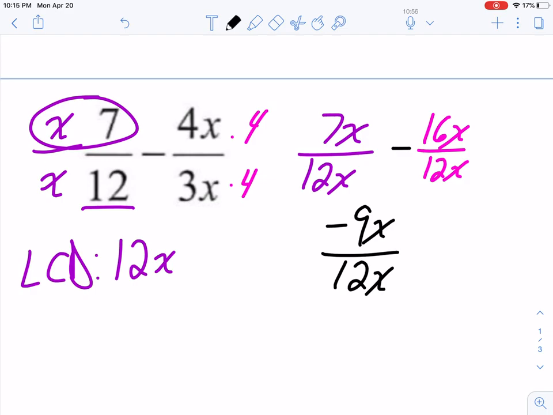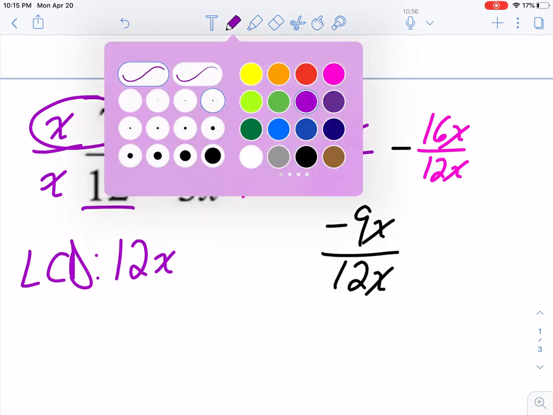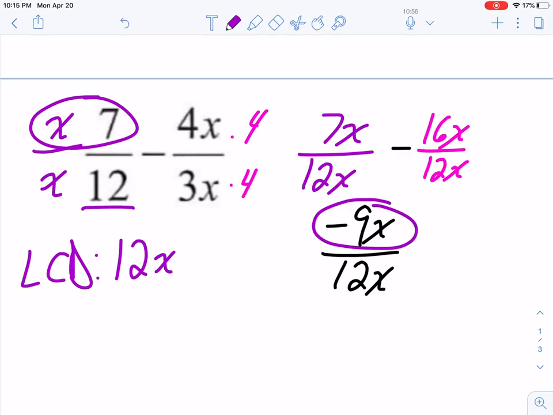And then kids ask, when can I simplify? Remember when we went back to factoring and we talked about 2 terms, 3 terms, 4 terms, and 5 terms, we said the plus and minus signs break up how many terms we have. And to be able to simplify, you have to have that number in common in every term in the problem. So when I look at this one, I've got negative 9x up top, that's one term, and 12x, that's one term, because there's no plus or minus in the denominator or numerator.